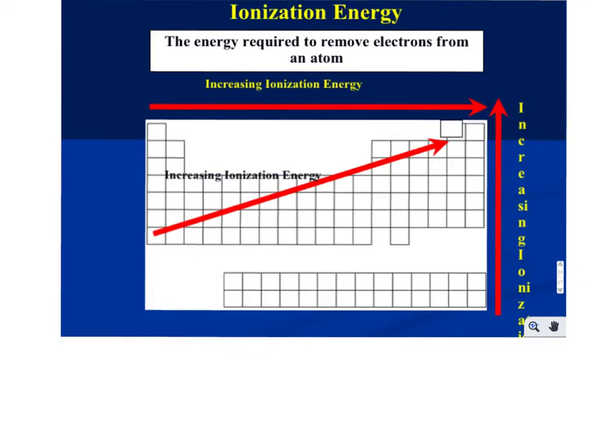The next one's called ionization energy. Think of ion and the energy to make an ion. Now ionization energy is the energy required to remove an electron from an atom. The increasing ionization energy goes from left to right. For instance, if you look at lithium only has 1 electron on the outside.